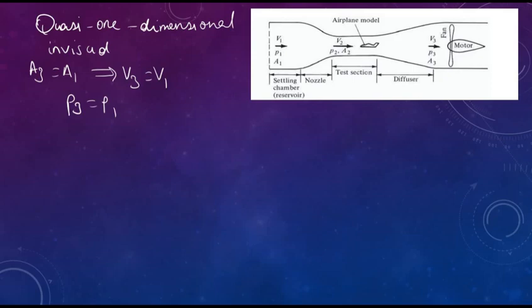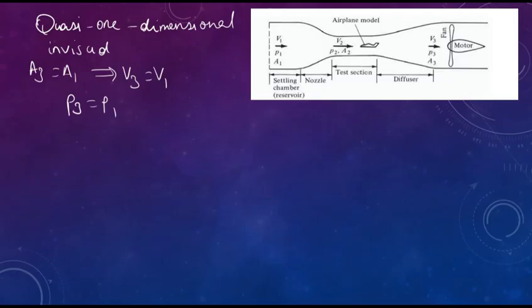We would not require any power, and it would be a perpetual motion machine, which is not possible, because in reality there are losses in the airflow due to the friction at the tunnel walls, and also there is a drag on the aerodynamic model in the test section. So it is not possible that we will have P3 equal to P1. There would be pressure difference existing.